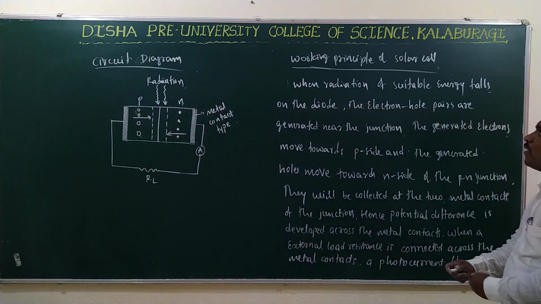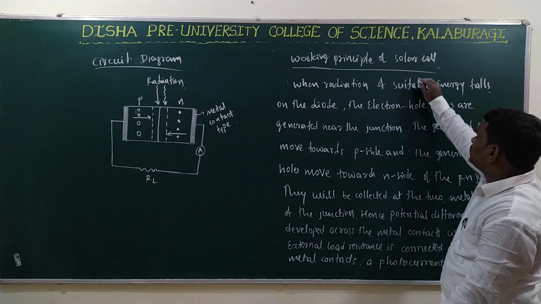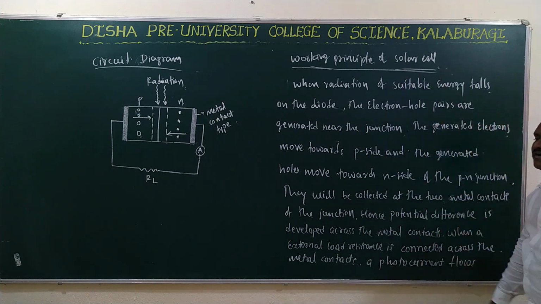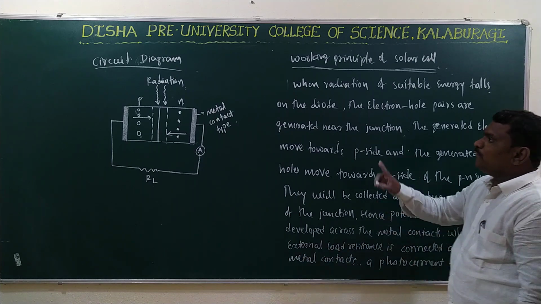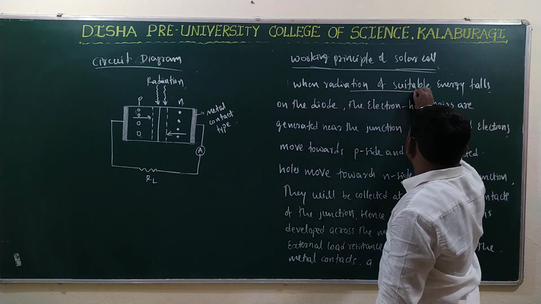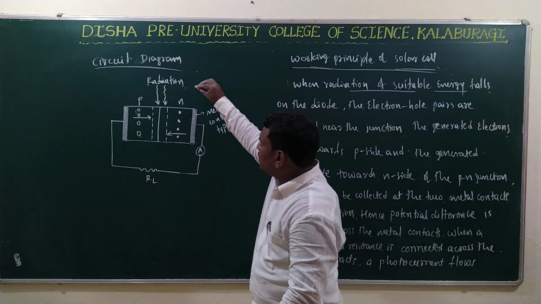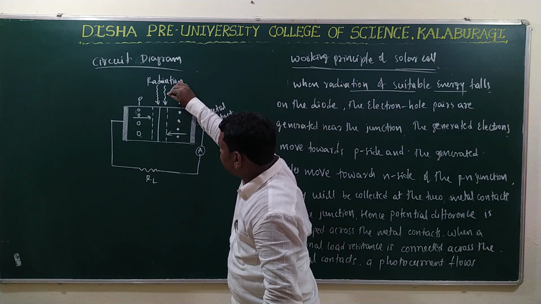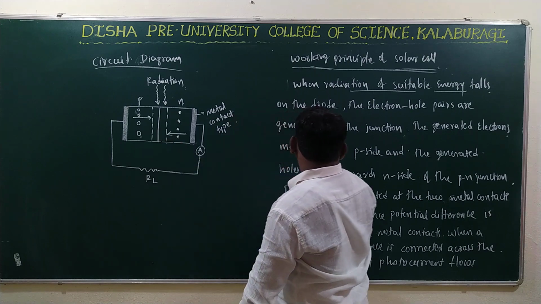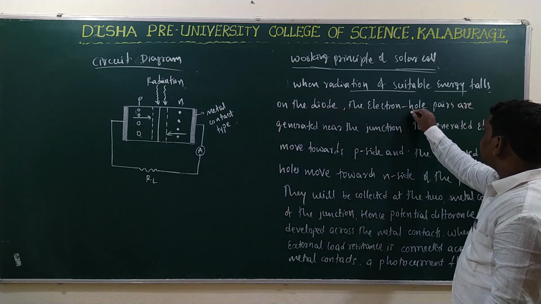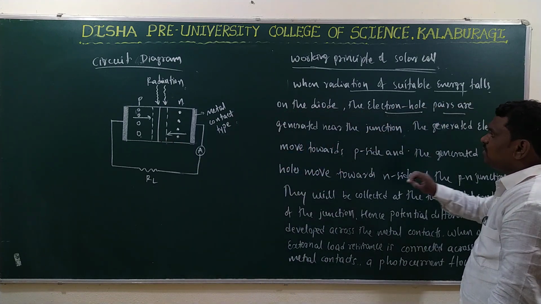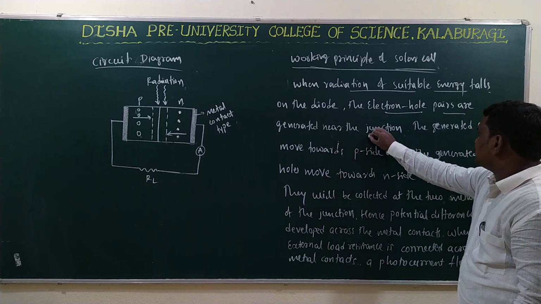What is the working principle of solar cell? When radiation of suitable energy falls on the diode, electron hole pairs are generated near the junction.